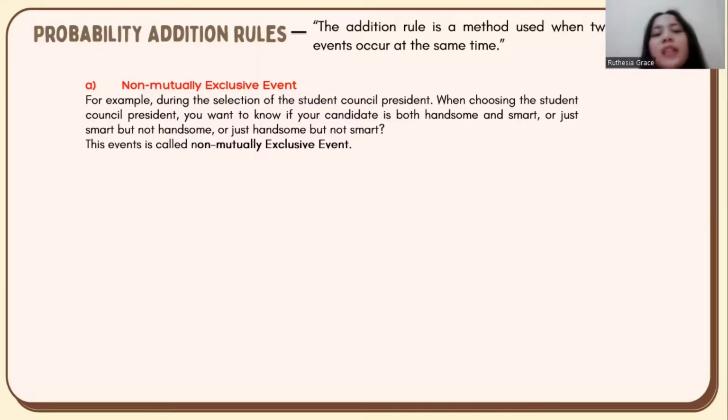And this is called a non-mutually exclusive event. And the formula is probability of the union of A and B is equal to probability of A plus probability of B minus probability of A intersection B.